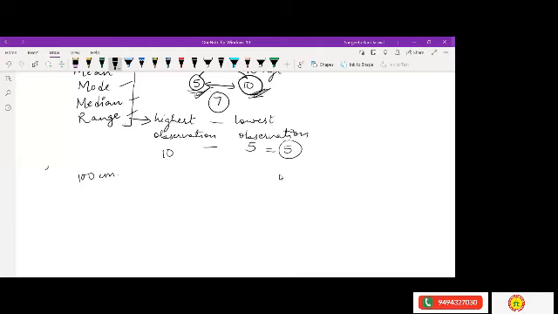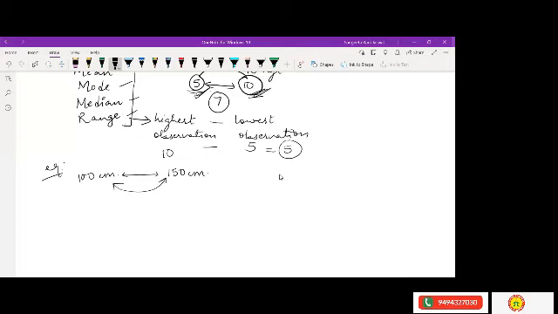Now suppose another example of this. Suppose I tell you to collect the data of the students whose height ranges from 100 to 150 centimeters. So this 100 to 150 centimeter is what? This is a range given to you. आपने इतनी रेंज के बीच में ही हाइट लानी है, इतने बीच में जो बच्चों का हाइट है वो ही लेना है.